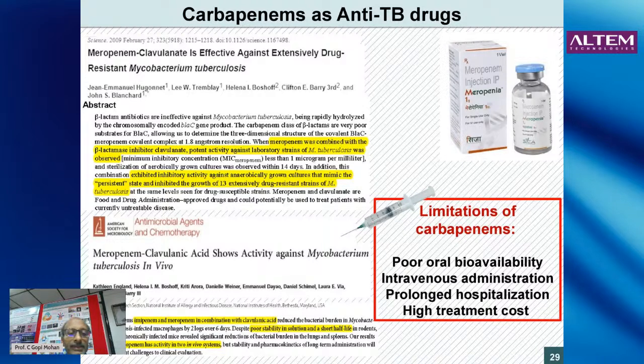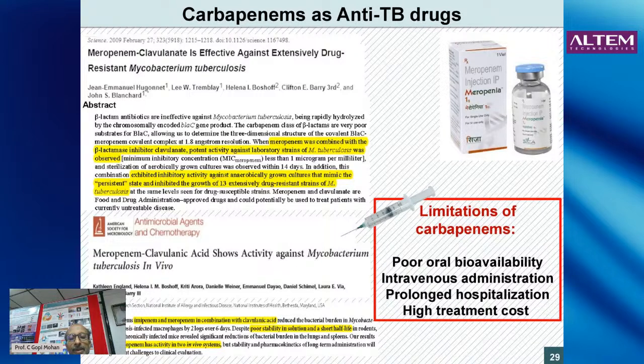The limitation of carbapenems is their poor oral bioavailability, and they have to be injected intravenously. So it's not patient friendly, we have to hospitalize the patient, and the treatment cost is also very high. So can we modify this combination, or can we give some oral drugs? That is our challenge, or our research hypothesis.